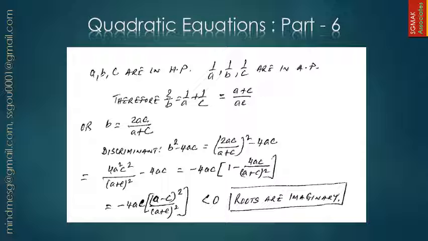If you substitute for b, we get minus 4ac times 1 minus 4ac over a plus c whole squared, or it can be written as minus 4ac times a minus c squared divided by a plus c squared. So the expression within the bracket is positive, so the discriminant is less than 0. So if a, b, and c are in harmonic progression, then the roots of the equation are imaginary. Okay, look at the next.